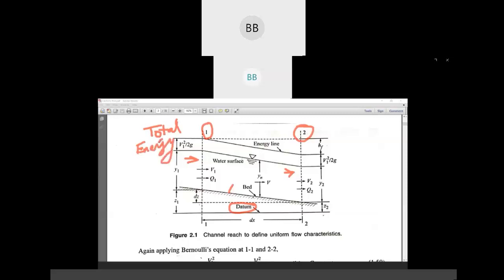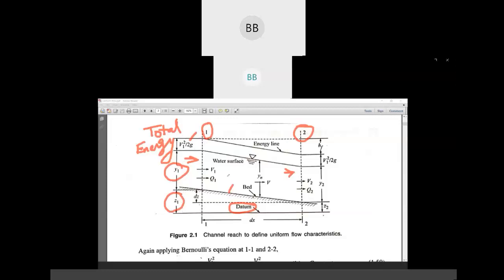This is kinetic energy head, potential head, and then we have datum head, so v1 square by 2g, y1, and z1. If you add all the three, we get total energy for section 1.